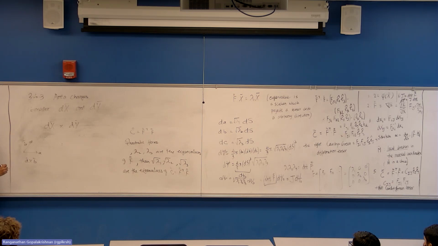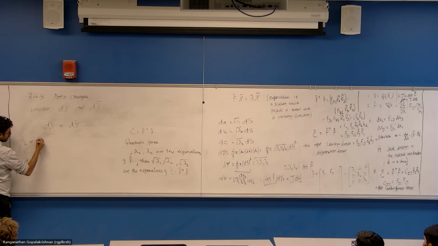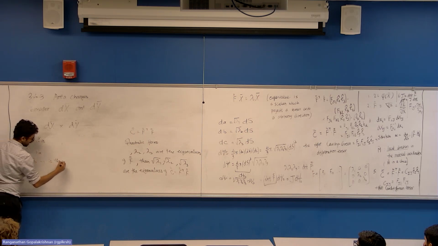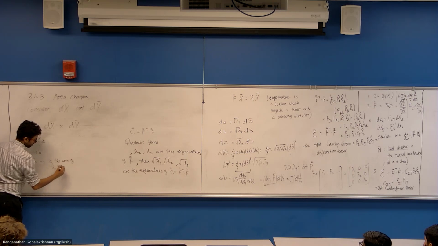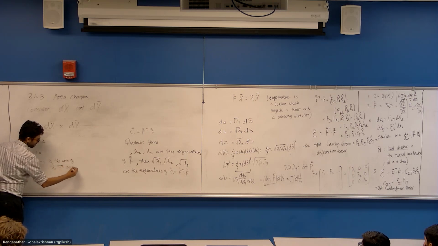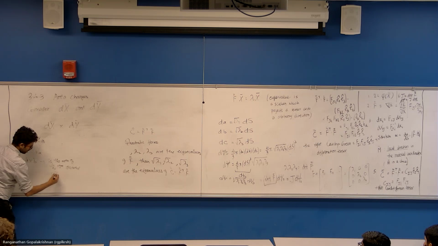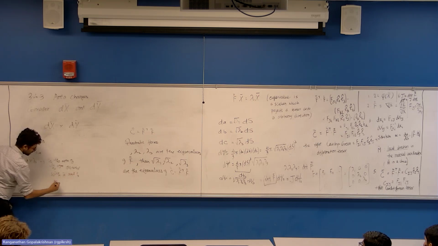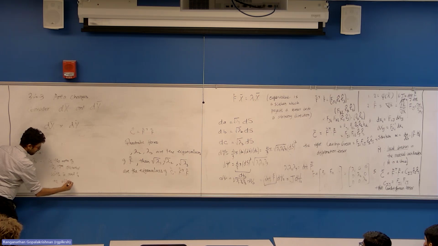A cross B is the area of the parallelogram formed with A and B as adjacent sides.